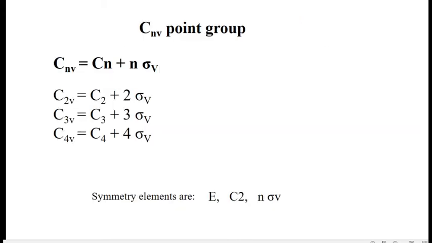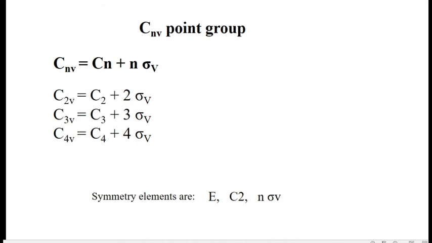So now the next example is CnV type point group. If the molecule has a Cn, n-order proper axis of rotation, and n number of vertical planes, then one can assign it as CnV type point group. For example, if the molecule has a C2 proper axis of rotation along with 2 vertical planes of symmetry, then one can assign it as C2V point group.